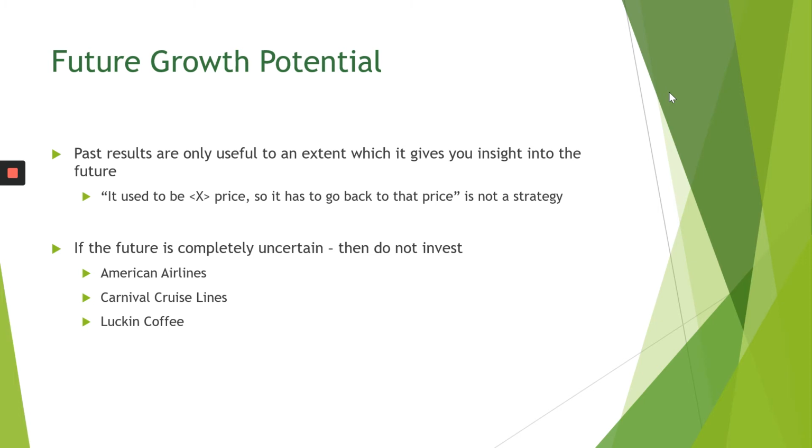So that's not an anchor for what the price should be. That is based on lies and fraud. So just thinking, okay, it's 50 and now it's 7, hopefully it will go back to at least 25. That's not a strategy. The fundamentals of the business were compromised. So therefore, past results are not useful at all because they don't give us any insight into the future.